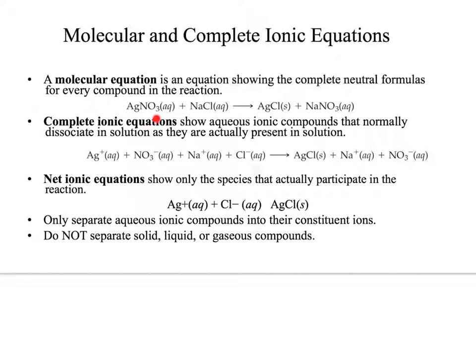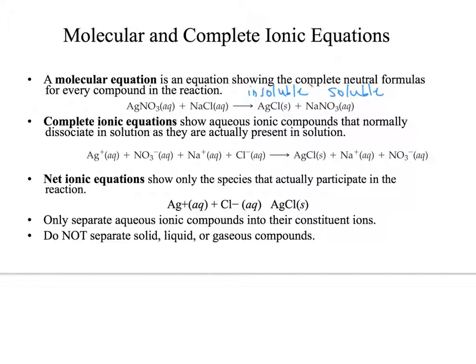So here we have silver nitrate in aqueous form combining with sodium chloride, also in aqueous form. Those two reactants create silver chloride, which is the precipitate, and sodium nitrate, which is going to be soluble and therefore aqueous.